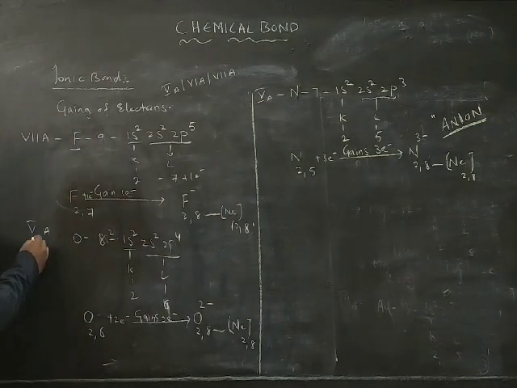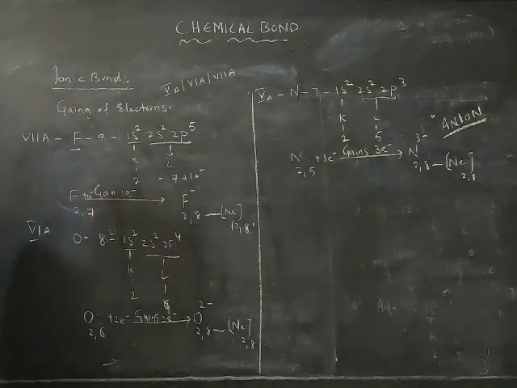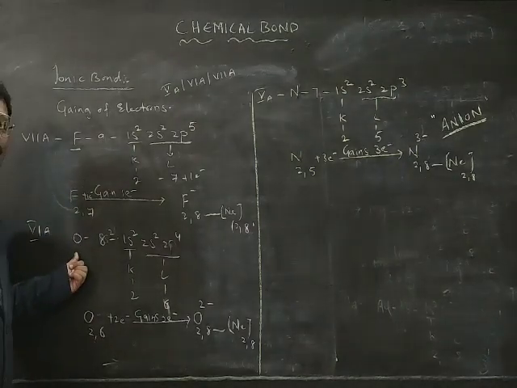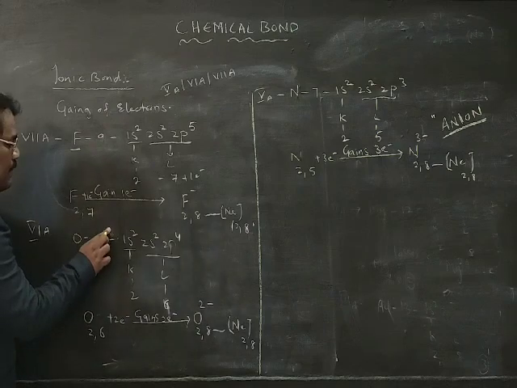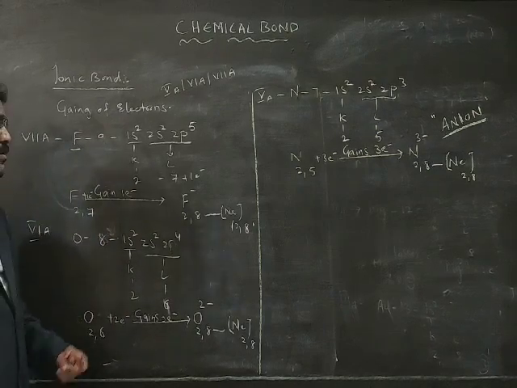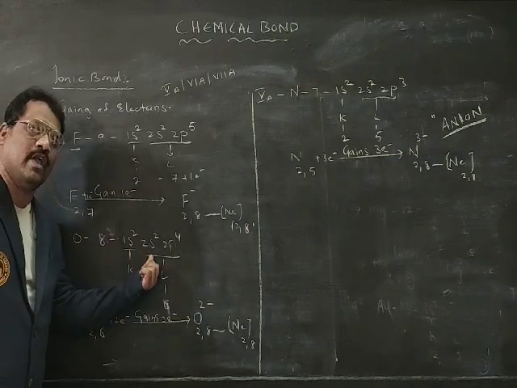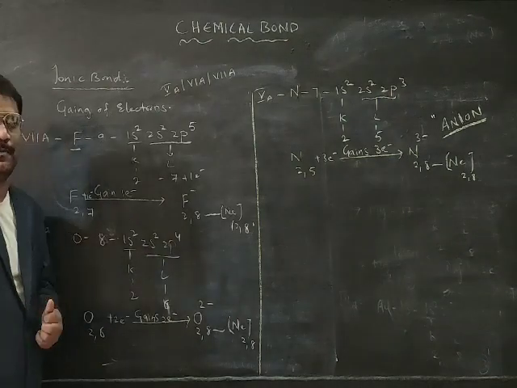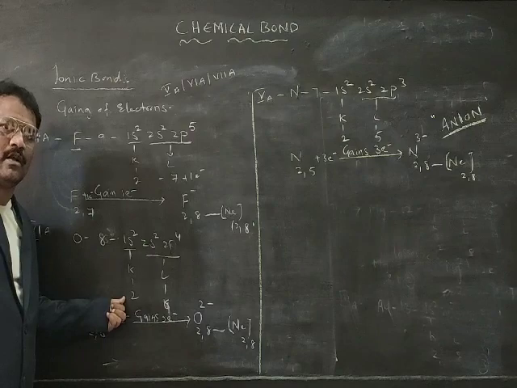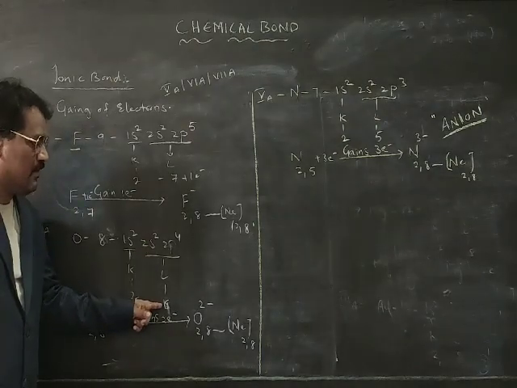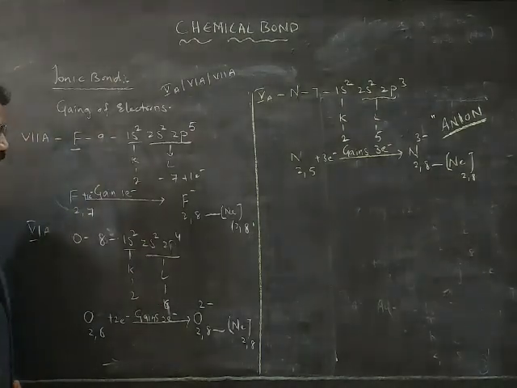Similarly, coming to the 6th A group element, I have taken oxygen, whose atomic number is 8. Electronic configuration is 1s2, 2s2, 2p4. The K shell has 2 electrons and the L shell has 6 electrons.